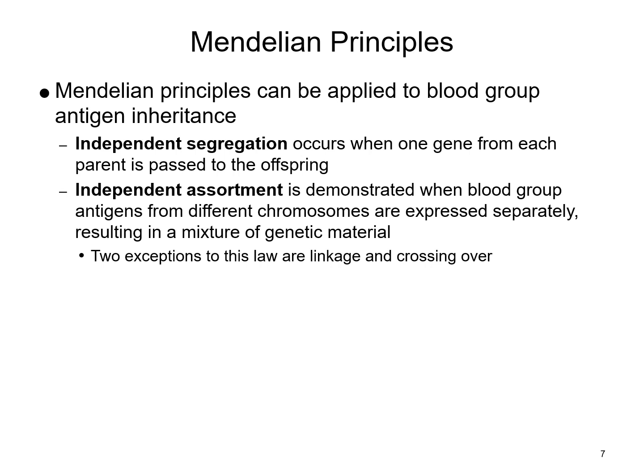Another law that must be considered is independent assortment. This is demonstrated by the fact that the blood group antigens are inherited on different chromosomes, which means that they are expressed separately and in different ways. And what this does is give you a mix of genetic material based off of the different inheritance.